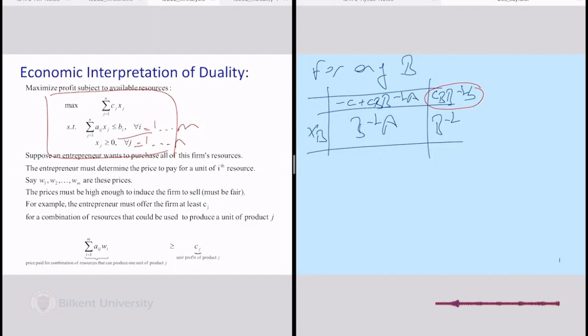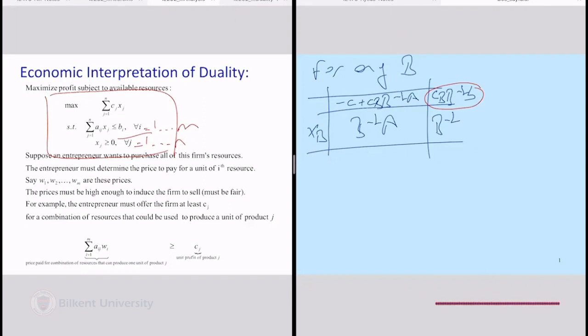But then the entrepreneur must find out how much he or she should pay for my resources. So for each resource he's going to determine a price. Those prices, because it's from 1 to m, let's name them as wi, which are actually our dual variables, by the way. So there's an entrepreneur in my market, where I'm playing to maximize my profit.